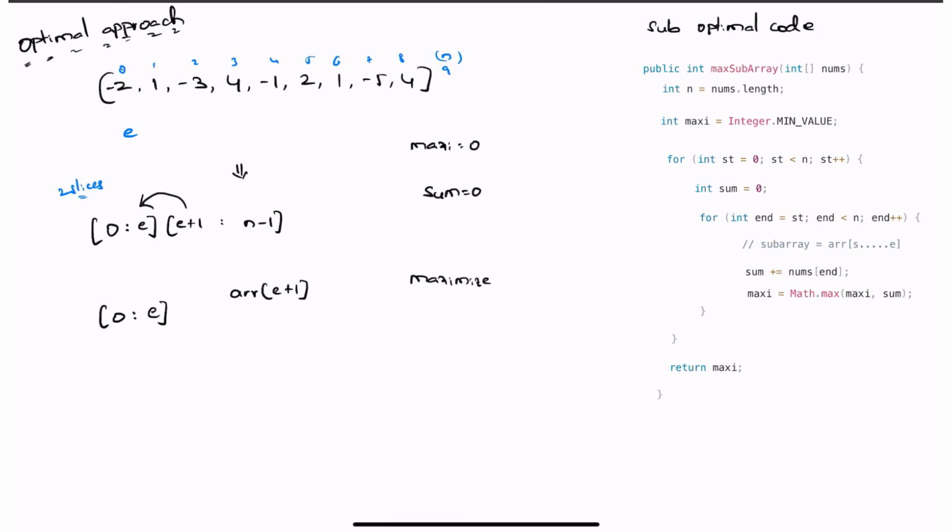If the new element is added to the slice, then the slice increases to the array of e plus 1. My question is whether you can find the maximum with the array of e plus 1 itself, or with the subarray slice from 0 to e plus 1.